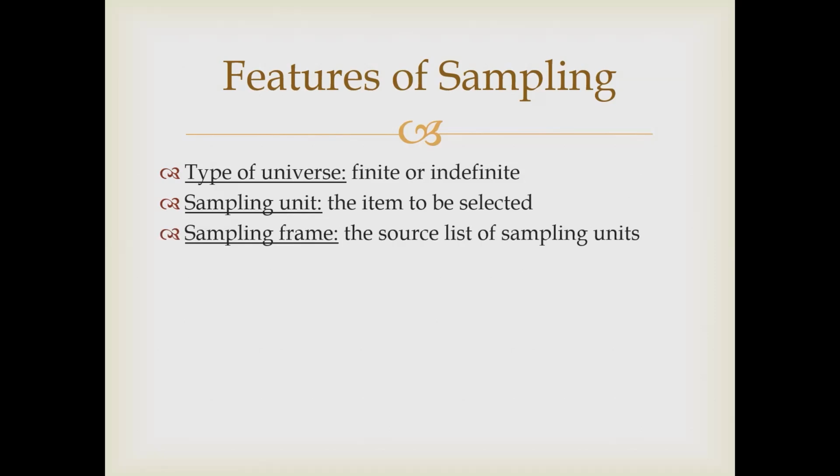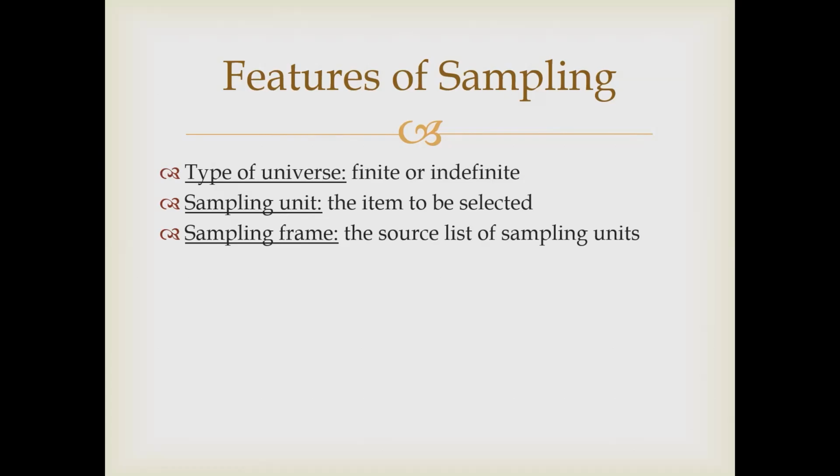Sampling frame. So these are terms which are related to the sampling design. Sampling frame. The source list of the sampling units. Sampling unit in this example is the commercial bank employee in Kerala. Sampling frame is source list. If there is a list of all the employees, then that list is called sampling frame, if it is available to you.